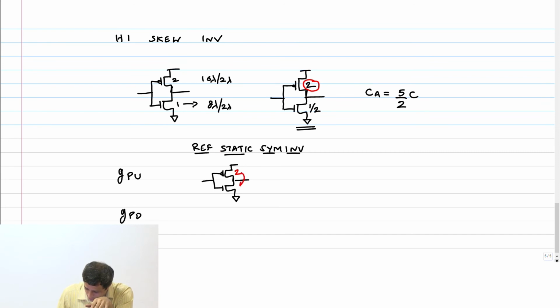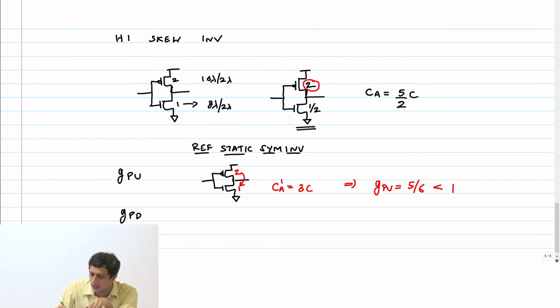Therefore, this will give me 1 here. And therefore, the capacitance CA prime will be how much? 3C. And this implies the GPU is how much? 5 by 6. Obviously, this is less than 1.